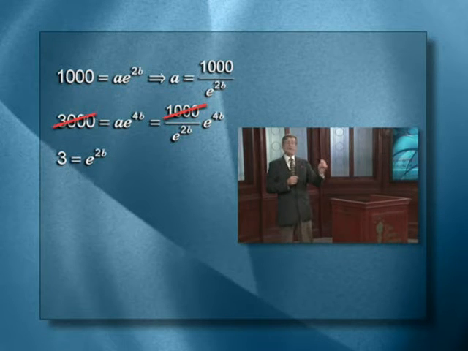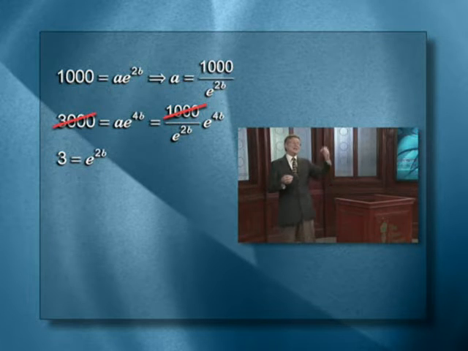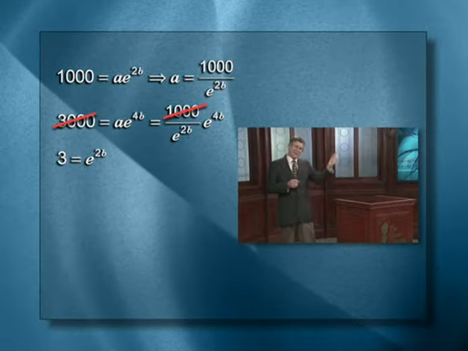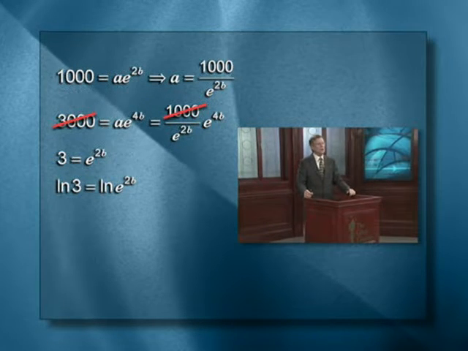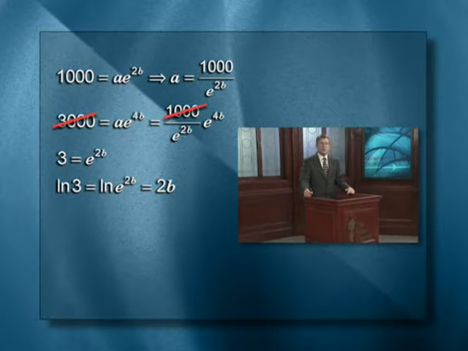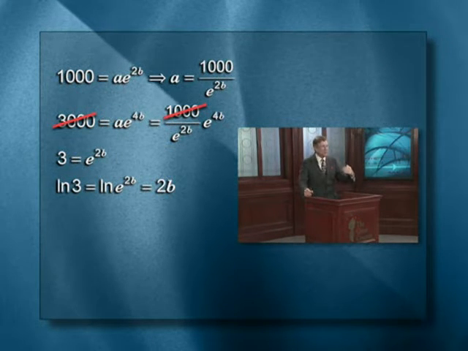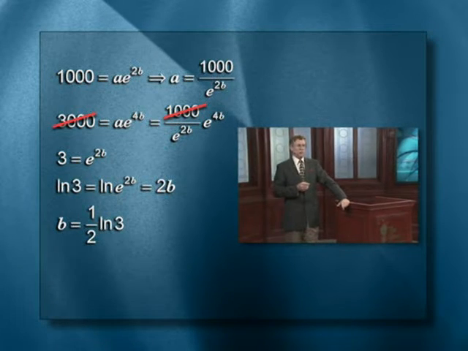Okay, 3 equals e to the 2b. What's b? It's hiding up there as an exponent. Bring it down to earth. Take logs of both sides. The log of 3 would be the log of e to the 2b. By the inverse properties, that's equal to 2b. Divide by 2, and we have the value of b. It's 1/2 log 3.